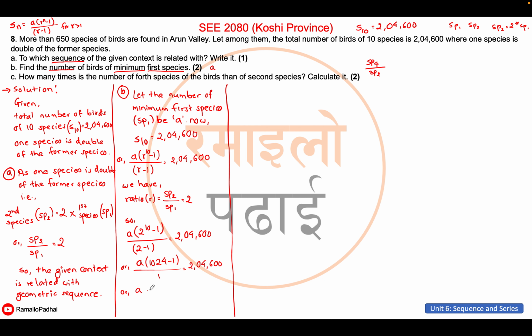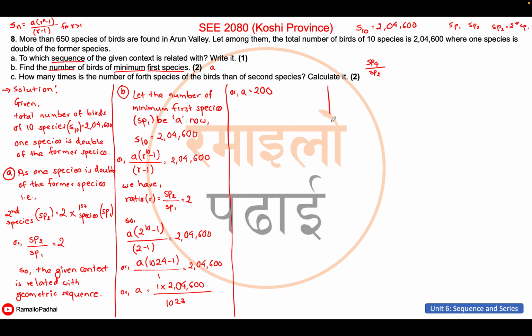Or a is equal to 2,04,600 divided by 1023, and that is equal to 200.